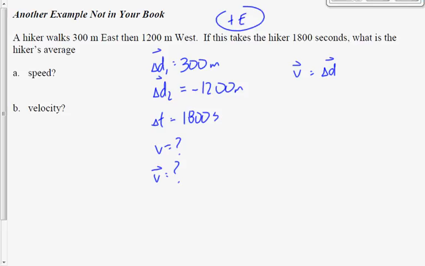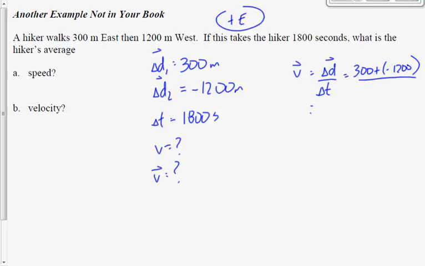it's displacement over time. How do you get displacement from displacement? Add 300 plus negative 1,200. Now be careful, because the temptation is to say, oh, it's the same thing as subtract, right? Well, it is, kind of. But it's not always.